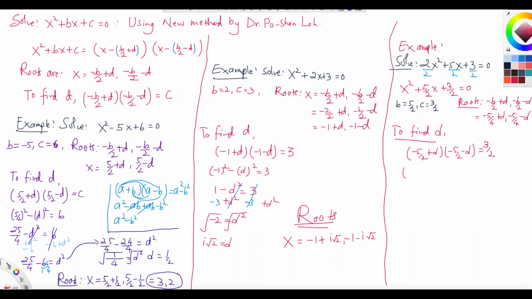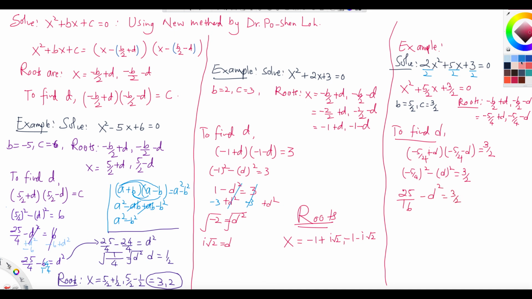Oh, by the way, this is 4, right? 5/4, 5/4. So negative 5/4 squared minus d squared equals 3/2. How much is that? Negative 5/4 times negative 5/4, that's what the 5/4 squared means. 25 over 16 minus d squared equals 3/2.